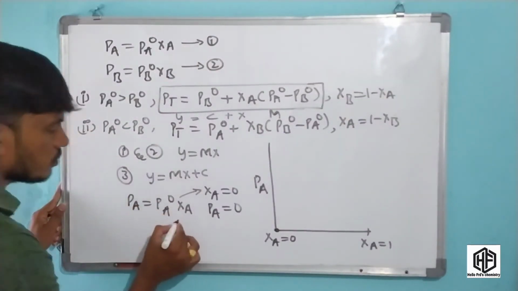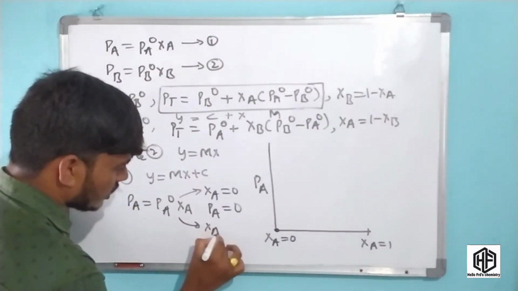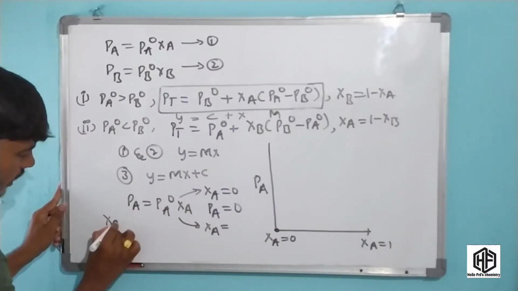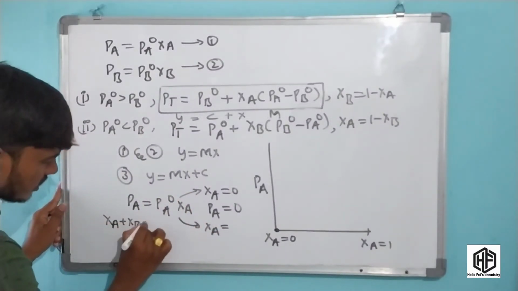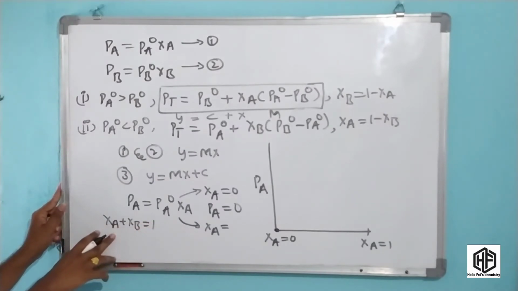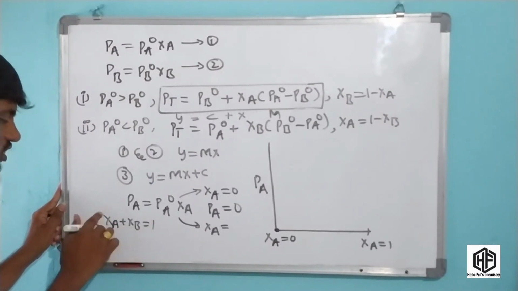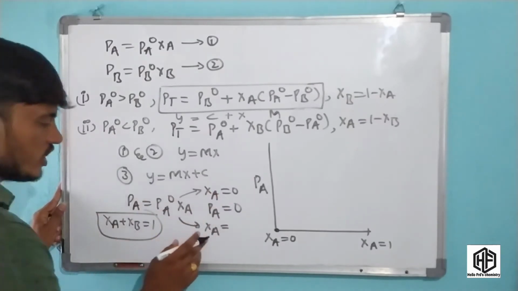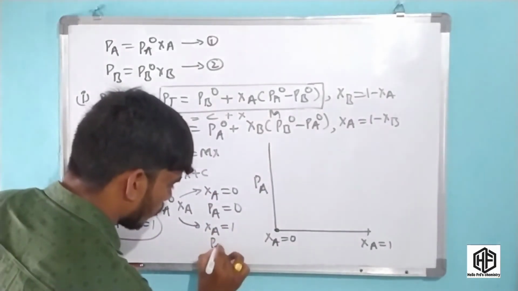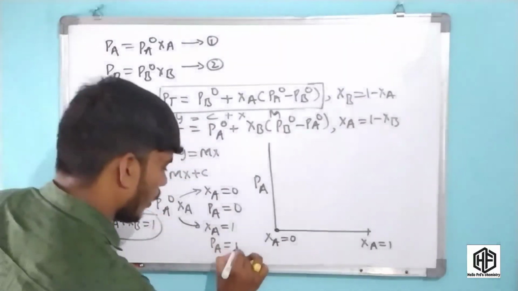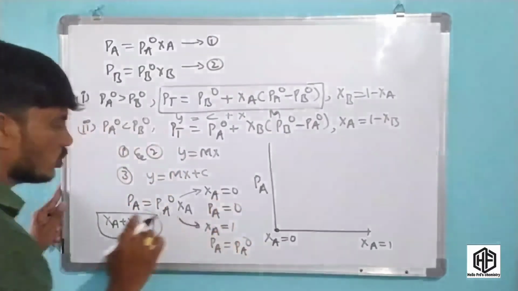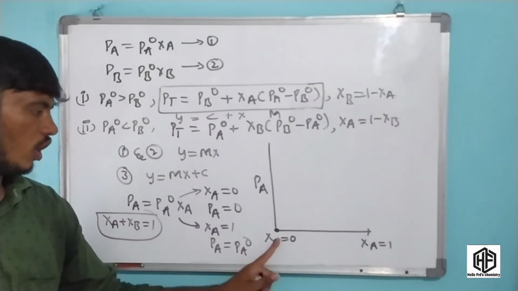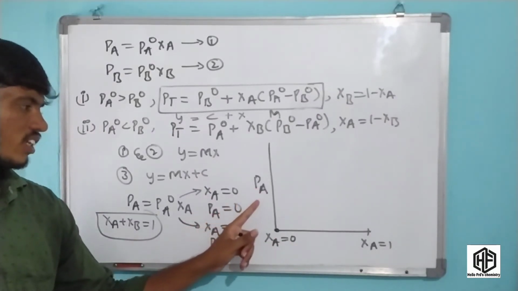The maximum zeta A value is 1, because zeta A plus zeta B is equal to 1, which means mole fraction of solute plus mole fraction of solvent is equal to 1. Now, zeta A value is 1. Then the partial pressure is equal to PA naught. In these two conditions, when zeta A is 0, the mole fraction is 0 and the partial pressure value is 0.